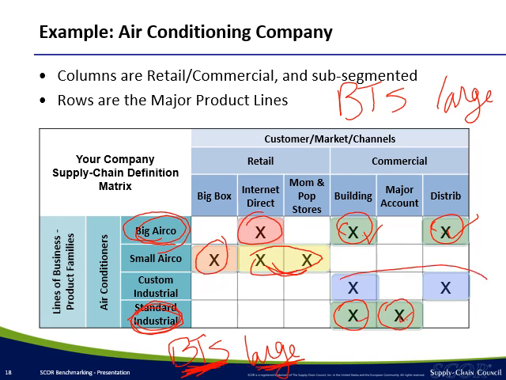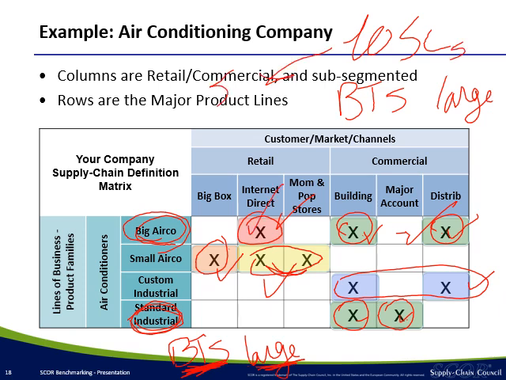And then the blue ones here is another supply chain. So as you can see here, we have 1, 2, 3, 4, and 5 supply chains. So instead of having 10 supply chains, we just have now 5 supply chains.